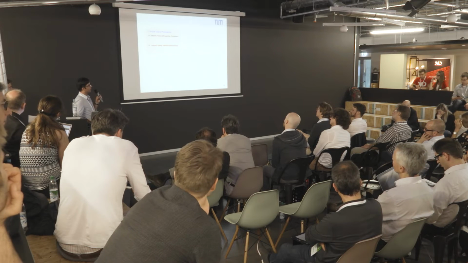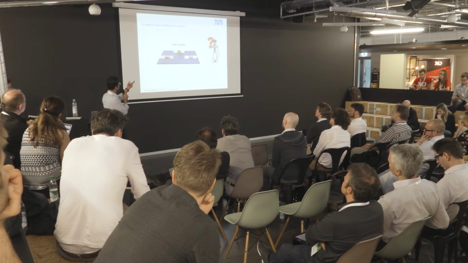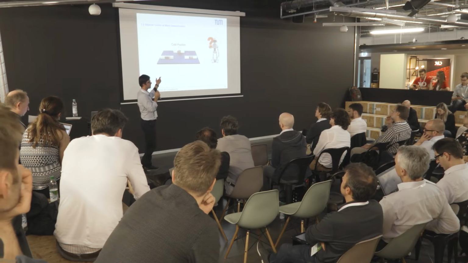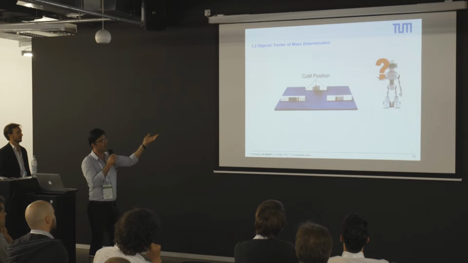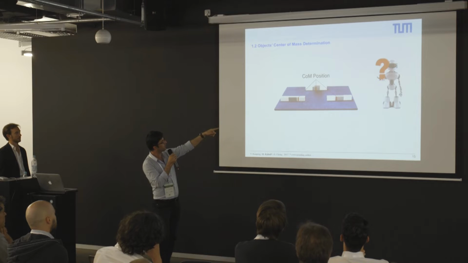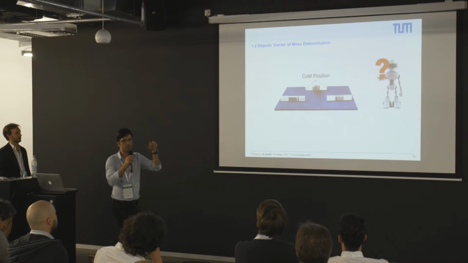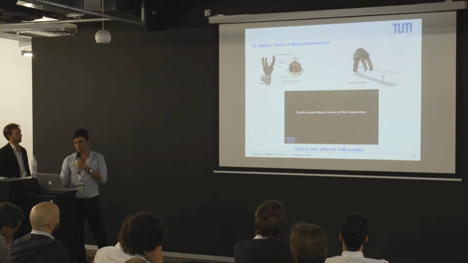So the second property, after the textural properties, is the center of mass. These 3 objects are similar, right? Same textures, dimensions, let's say even the color. But if you see the red, we change the center of mass of the object, meaning they have different centers. And how can the robot realize it?